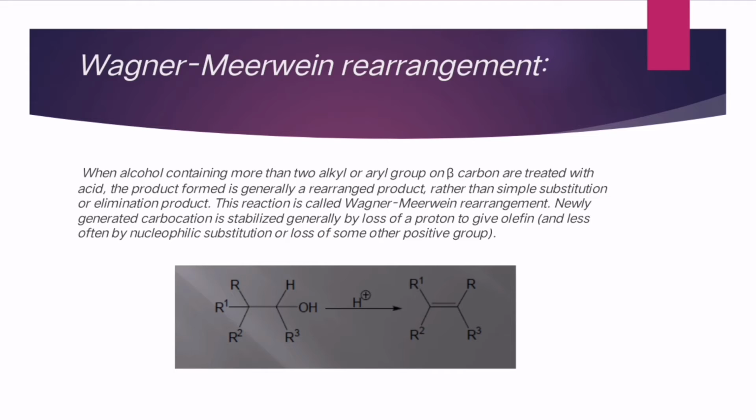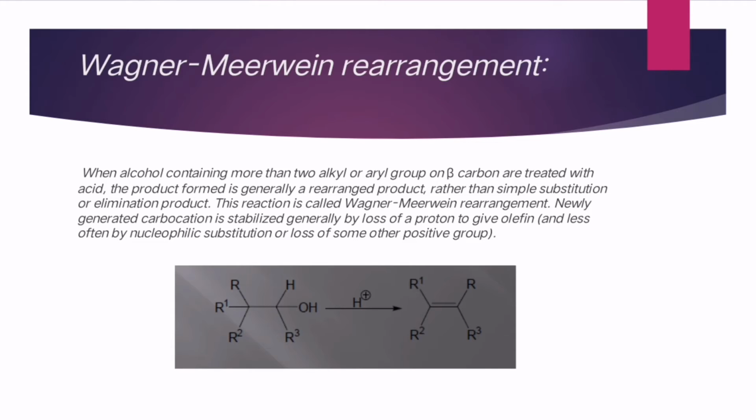As shown in this reaction, we have a secondary alcohol, and this secondary alcohol is going to react with this proton. We have provided it with a proton, and it is going to form a secondary carbocation.